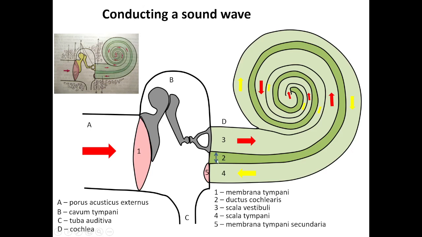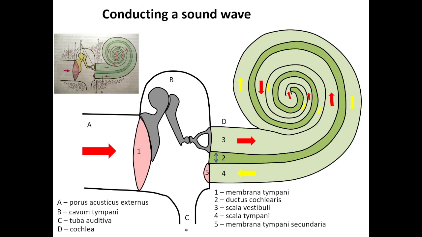This 2-directed arrow shows us that moving perilymph results in movement of the endolymph, because 2 of the 3 walls of ductus cochlearis are quite soft, and only the 3rd wall is a bony wall.